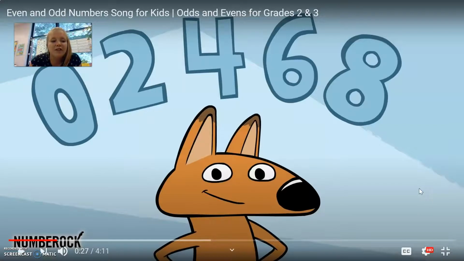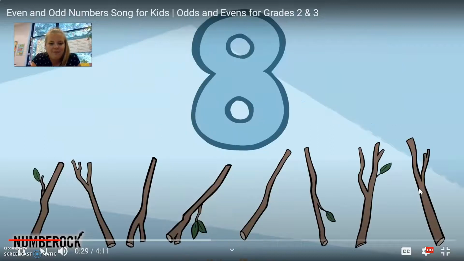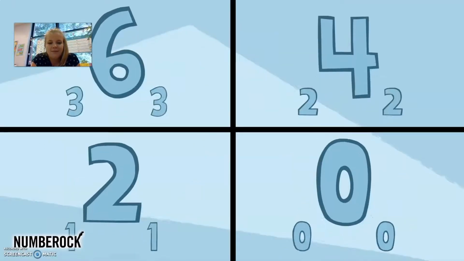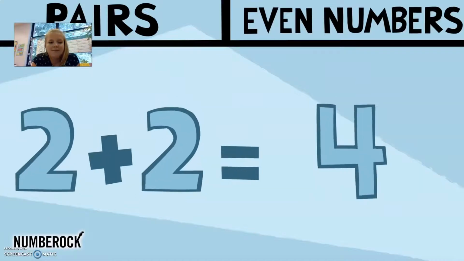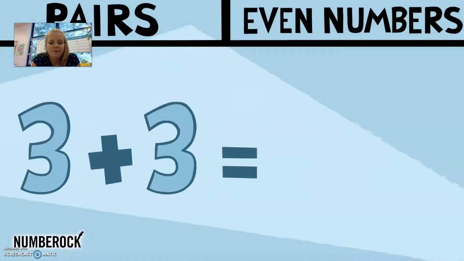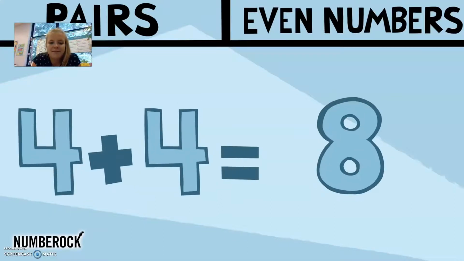I was exploring an enchanted wood. So these are even numbers that are between 0 and 9. 0, 2, 4, 6, and 8. Let's see if she tells us what makes them even. Numbers all share one trait. You can split them down the middle. If they make pairs, you've solved the riddle. Because 1 plus 1 equals 2, and 2 plus 2 makes 4, it's true. Then 3 plus 3 equals 6, and 4 plus 4 makes 8.